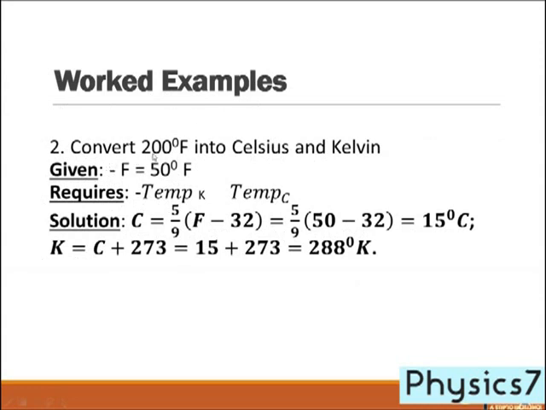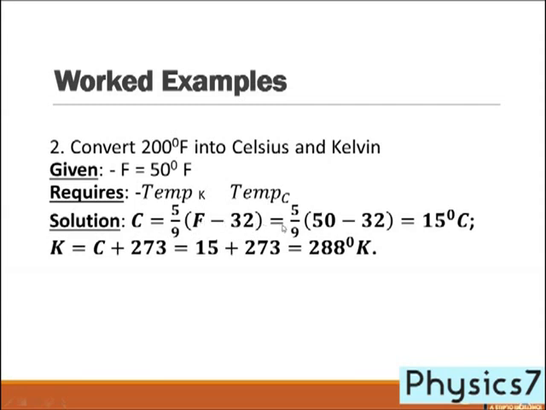Convert 200 degrees Fahrenheit into Celsius and Kelvin. So we're given that degrees Fahrenheit is equal to 50, and we're required to determine the temperature in Celsius and also in Kelvin. So to determine the temperature in degrees Celsius, we just use the expression that the temperature C in degrees Celsius is equal to 5/9, and then we have bracket, the temperature in Fahrenheit minus 32, close bracket.